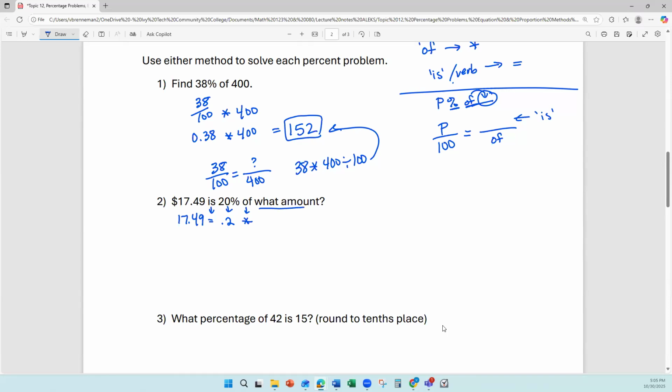Pick a letter to represent it. So 1749 equals 0.2 times A. To solve, you have to do a little bit of algebra, dividing both sides by 0.2. So 1749 divided by 0.2 is 8745.